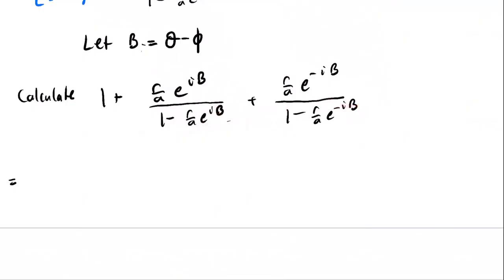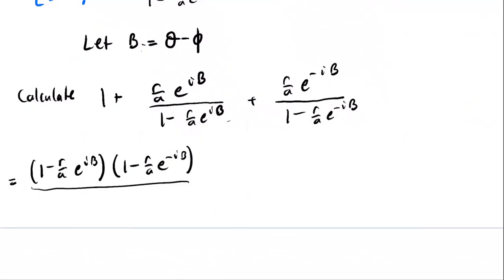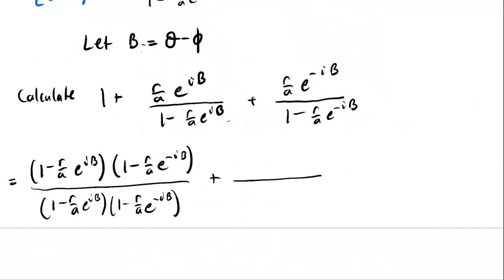So let me write one as 1 minus r over a e to the ib times 1 minus r over a e to the minus ib, divided by itself. And then similarly, let me do the same thing for these fractions.